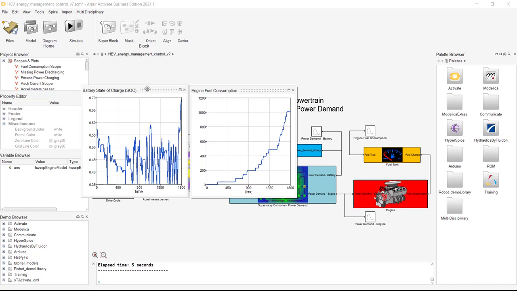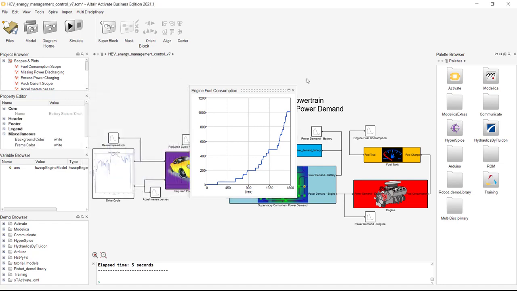This being a function of the work required by the battery to produce the forward driving force of this vehicle. And of course, you see the battery usage as the state of charge diminishes. And then also this battery is being recharged at times by the engine, as happens in hybrid electric vehicles, to recharge the battery at moments to maintain a positive state of charge throughout the drive cycle.